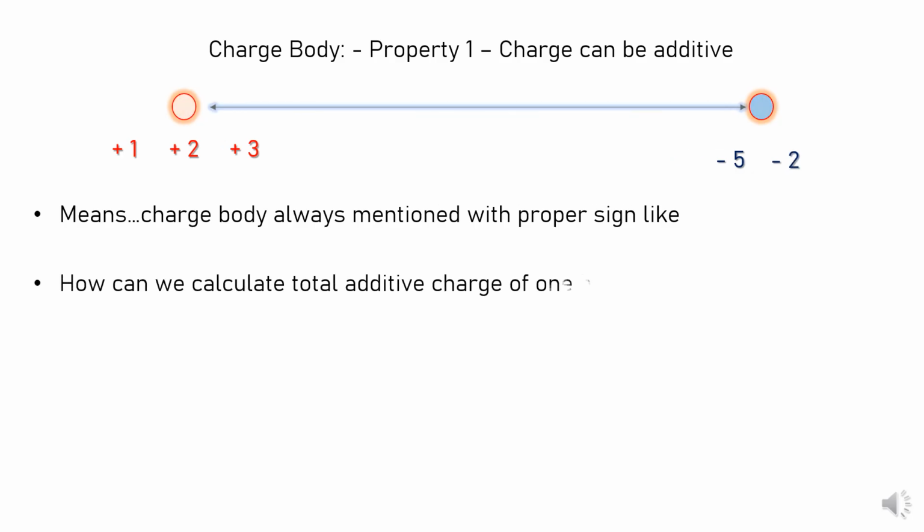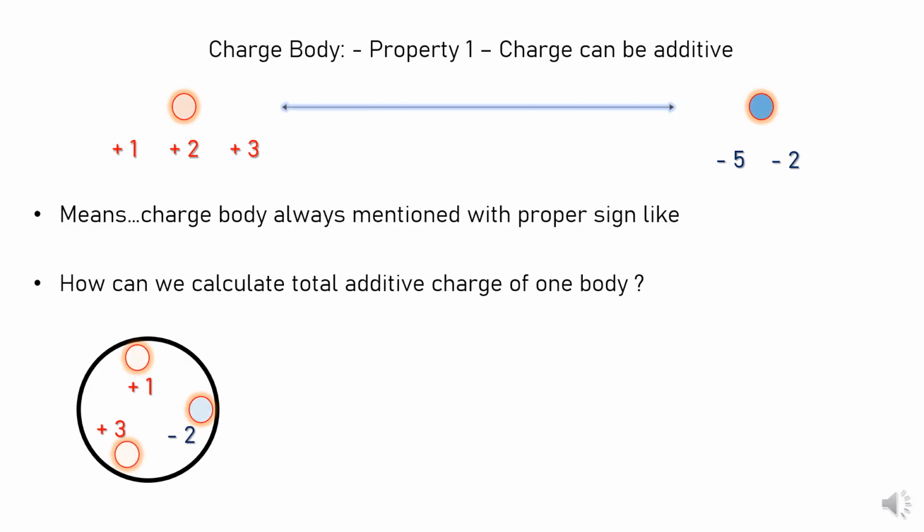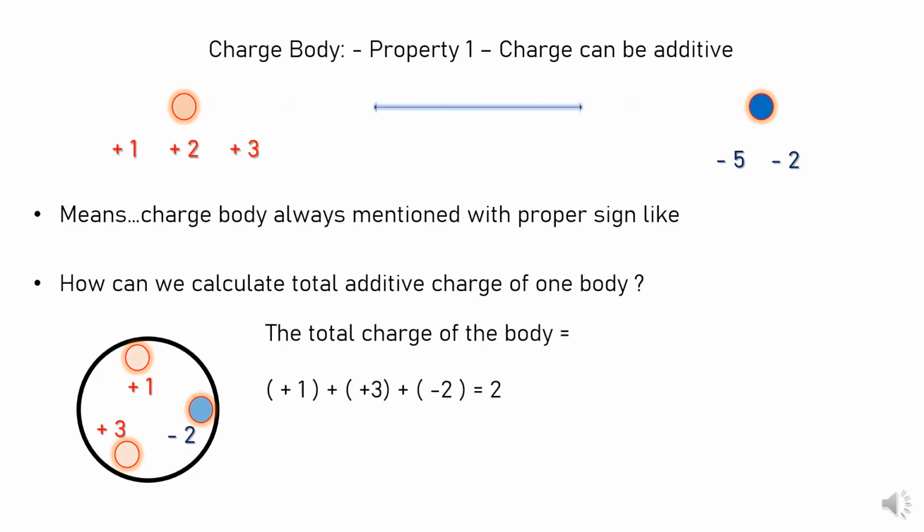-2. But how can we calculate the total addition of a charged body? If any body consists of any charges, how can we add the charges? Let me try to explain. There is one particle consisting of +1, +3 and -2 charges. The total charge of the body is equal to +1 plus +3 plus -2.